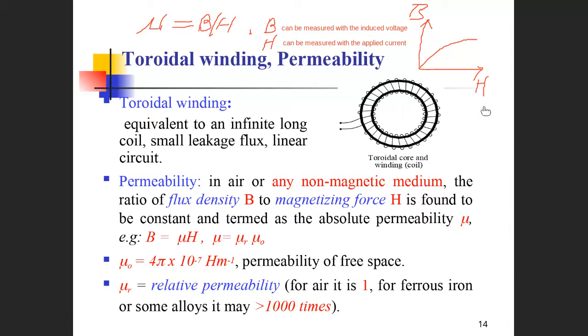That's the nonlinearity. In the DC case, there is no such problem because the current does not change, but in the AC case, this is a big issue. So that's the relation between mu, B, and H. So far, we learned how to experimentally obtain the BH curve.